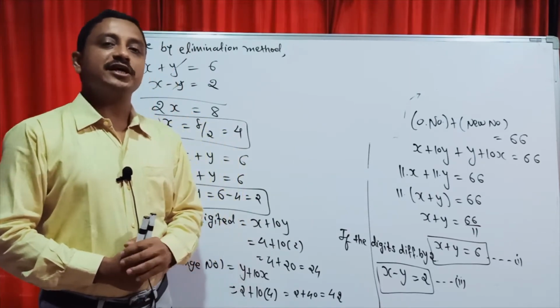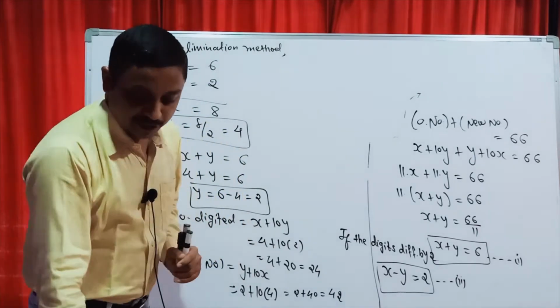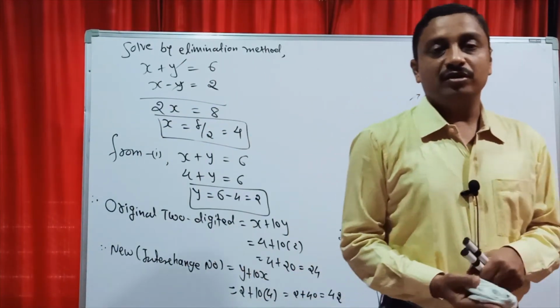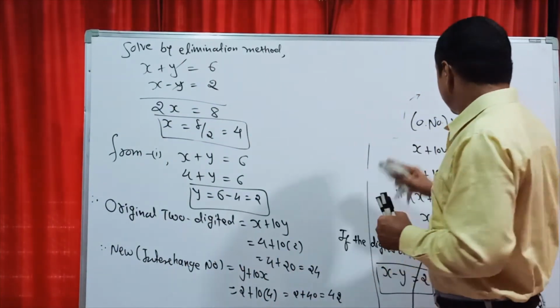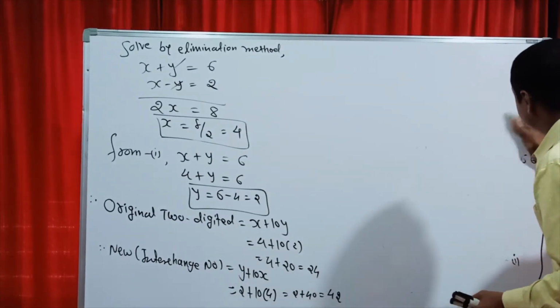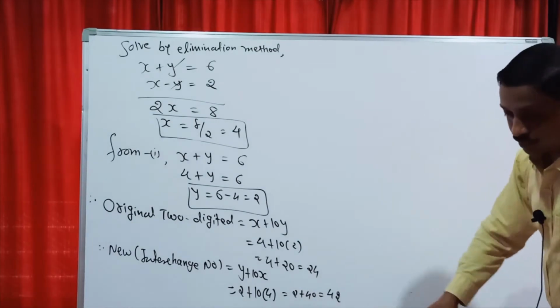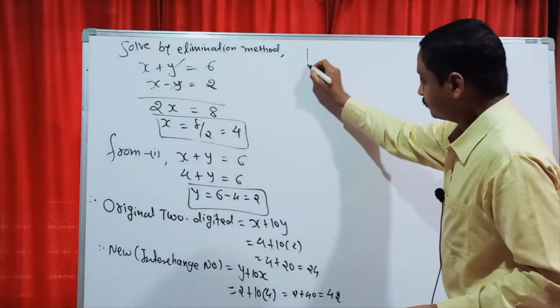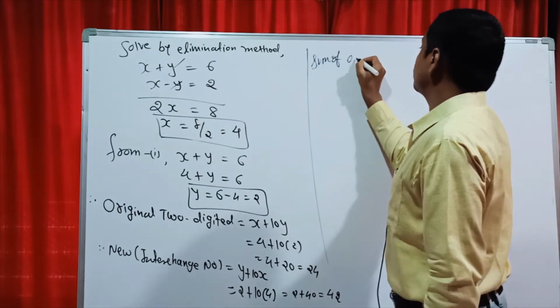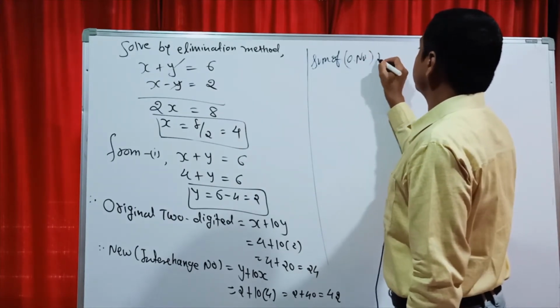Students, here the numerical is done. But here I explain two different types of board level MCQ. Yes, students, here are two extra MCQs. I just explain them to you. Sum of original number plus new number.